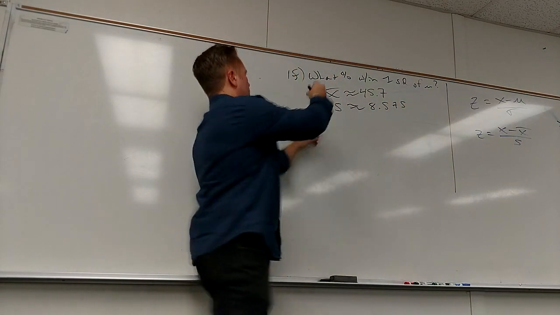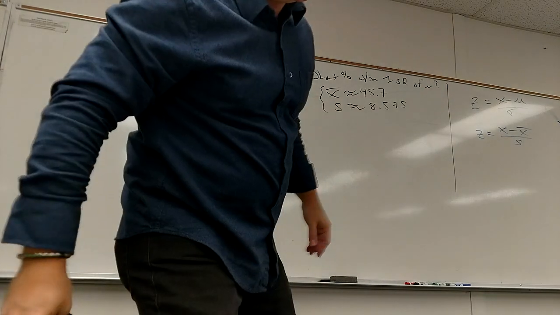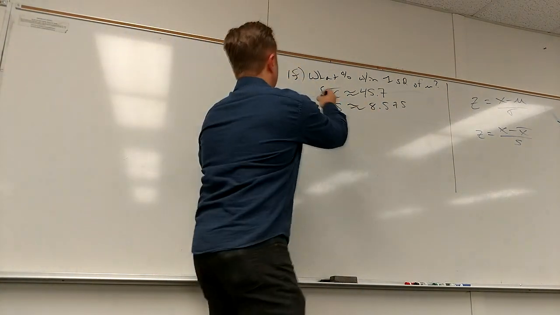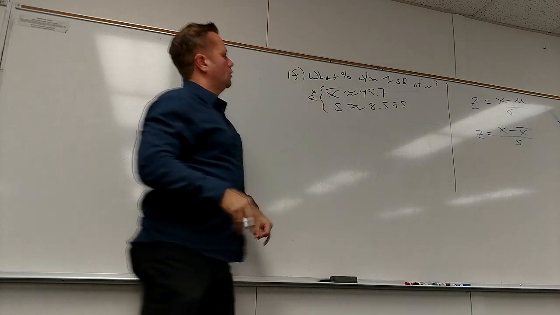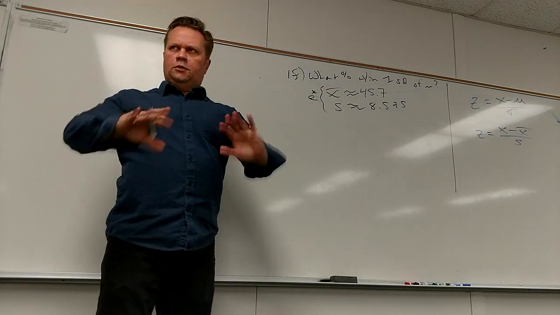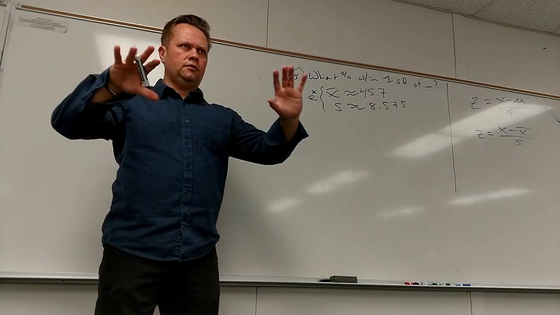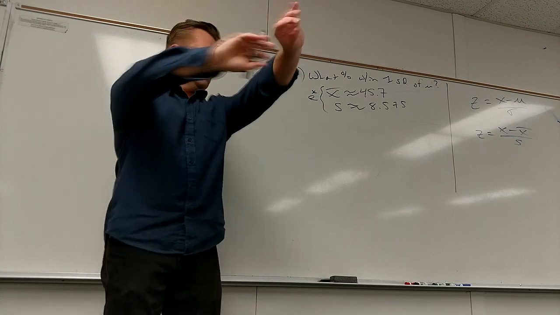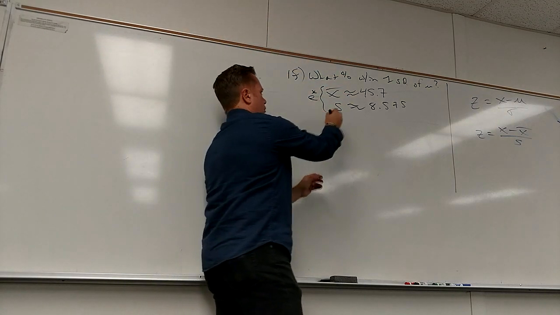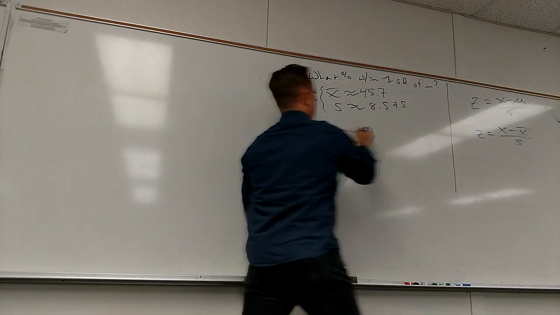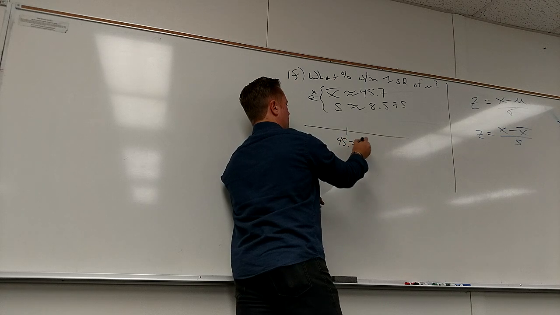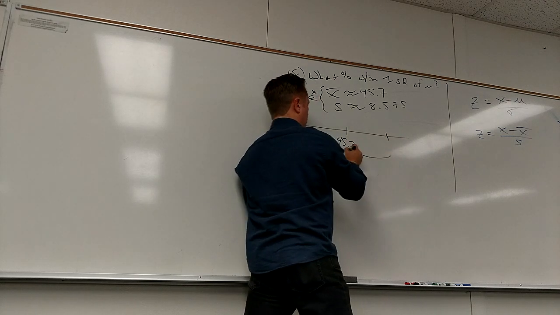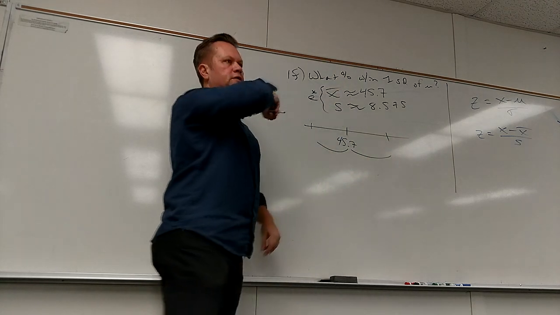So this is from part E. Is everybody with me so far? I want to know within one standard deviation of the mean. A really smart thing to do is to put a little number line, put the mean down. How far do I want to go up and how far do I want to go down to be within one step?